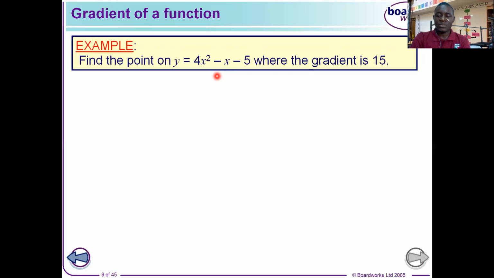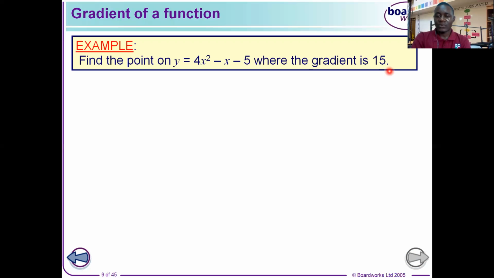So in this question, we are given the gradient of the curve, but we are asked to find the point, the value of x and the corresponding value of y, where the gradient of this curve will turn out to be 15.